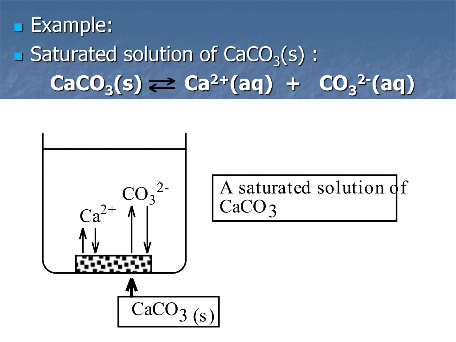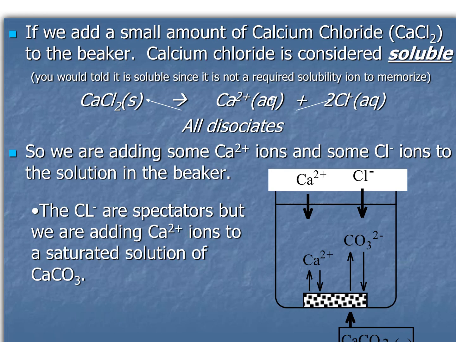For example, if I have calcium carbonate in equilibrium with its ions, so we have a saturated solution of calcium carbonate, so we're going back and forth from the solid sample. So if we were to add a small amount of calcium chloride to this beaker, let's see what it would do.